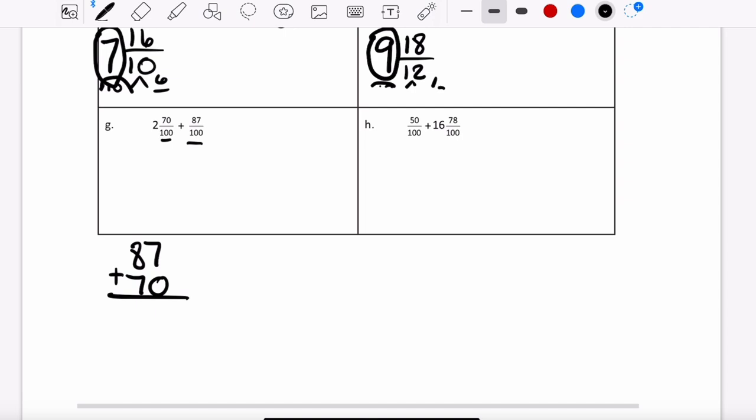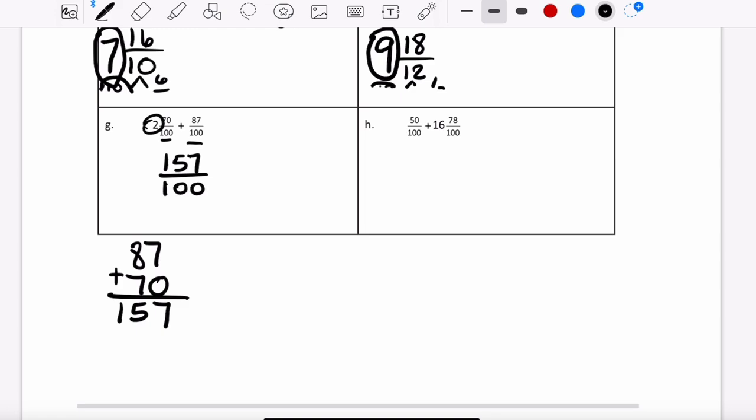We can add 7 plus 0, and then 8 plus 7. So we have 157. So now we have 157 over 100.